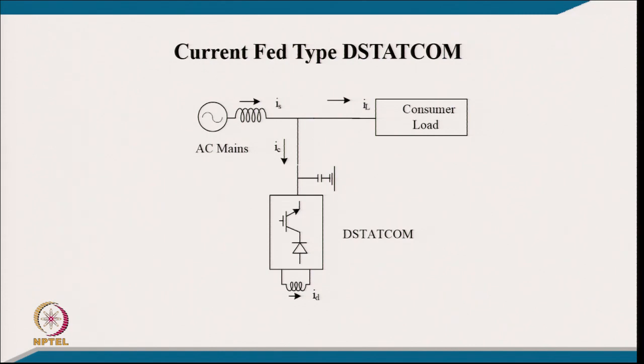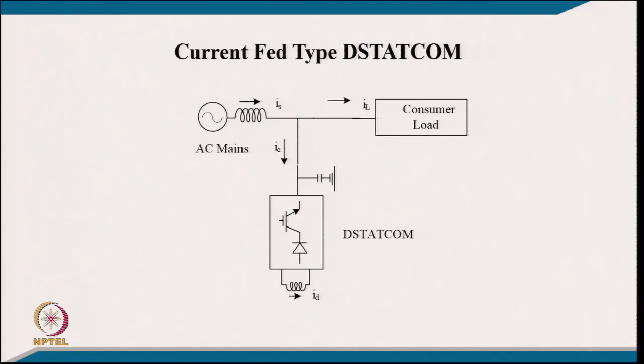The major difficulty here is, one, on the DC link you need the inductor which is costly, noisy, lossy and heavy. Another is that when the switch conducts, you have a drop across both the IGBT and the diode, so you have a loss in the switch which may be 1.5 to 2 times that of the switch used in a voltage source converter.